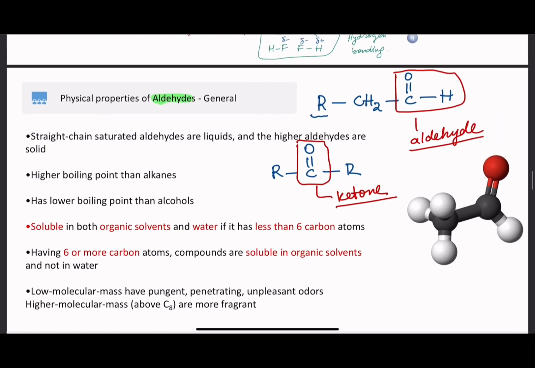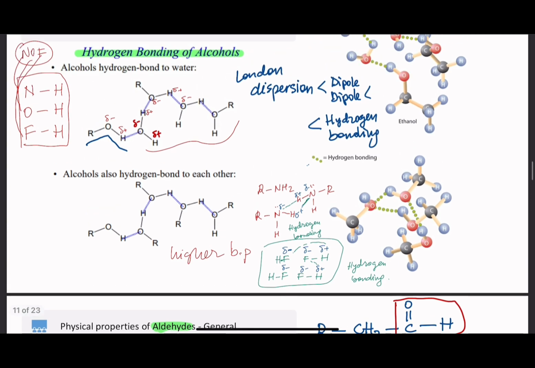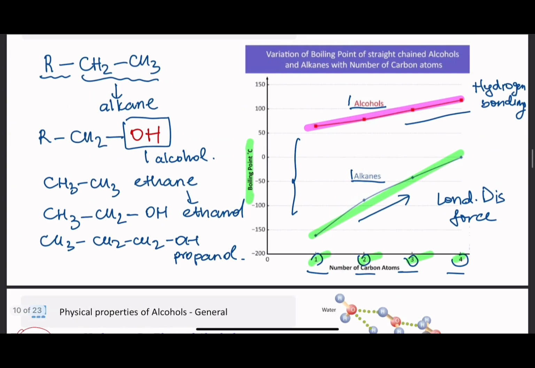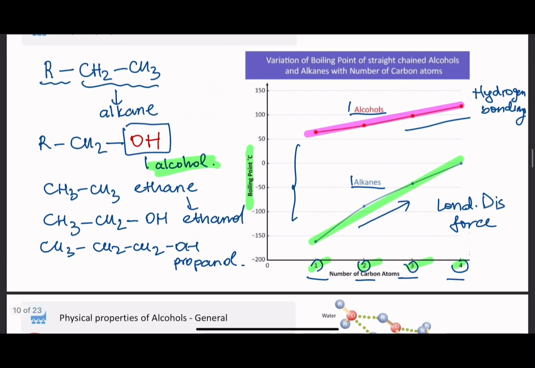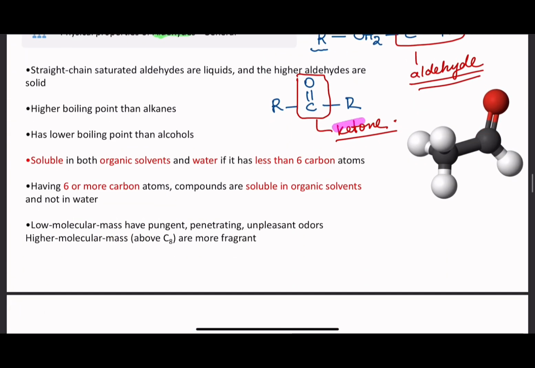So we know aldehydes, ketones, alcohol, alkanes, alkene, alkyne. So we know alkene, alkyne, alkane, alcohol, ketone and aldehydes.